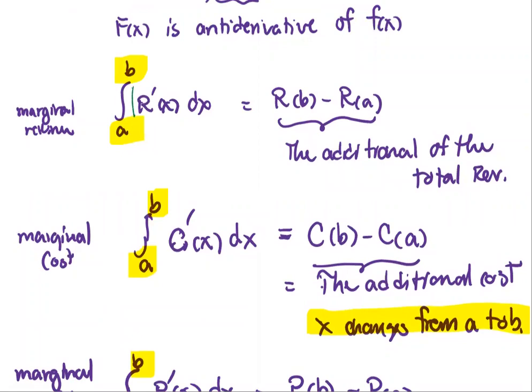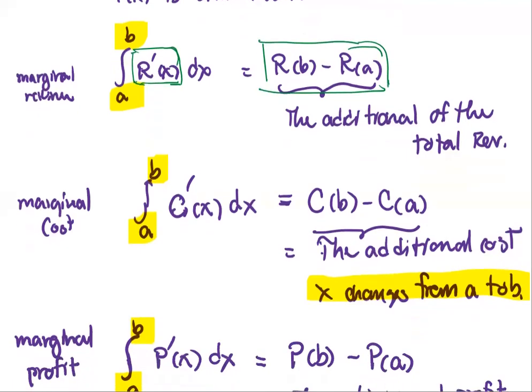So note, the integrand is the marginal quantity, and the right-hand side is the difference of the quantity as x changes from A to B.